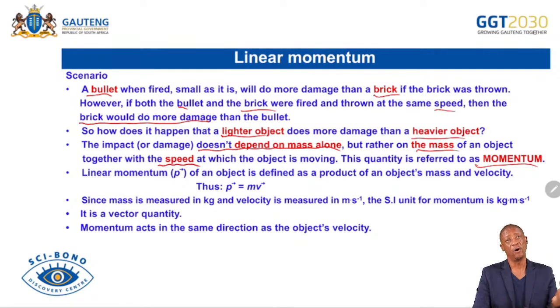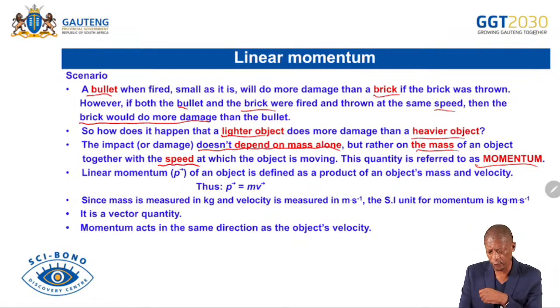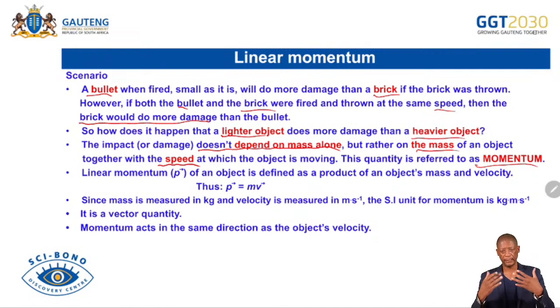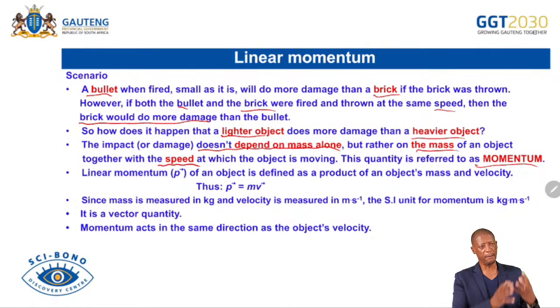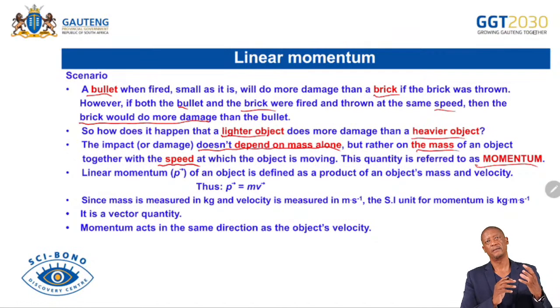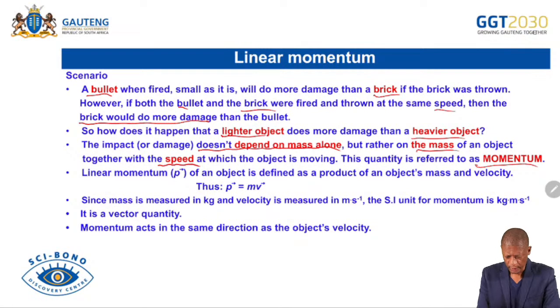When you multiply them, they give you what? Momentum. So now, that comes with the background of momentum, how momentum happens. Now, it says, therefore, momentum has two quantities, which is mass and velocity. Now, if you multiply a mass by velocity, then what do you get? A momentum. So this is what we have here as a formula.